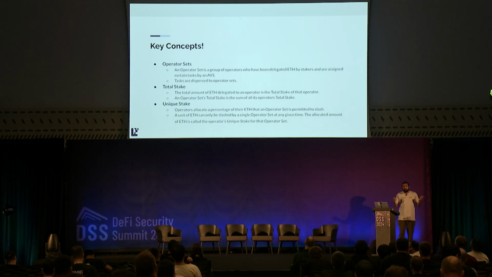So as a staker, I might choose to delegate to a solo operator, like a solo staker, right? But you may choose to delegate it to the operator that is run by Coinbase or something. So the total stake that is delegated to an operator, right? That is really what we are talking about here.